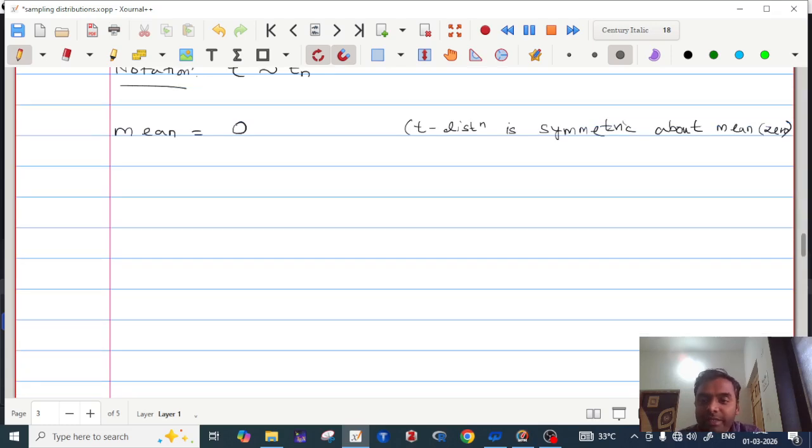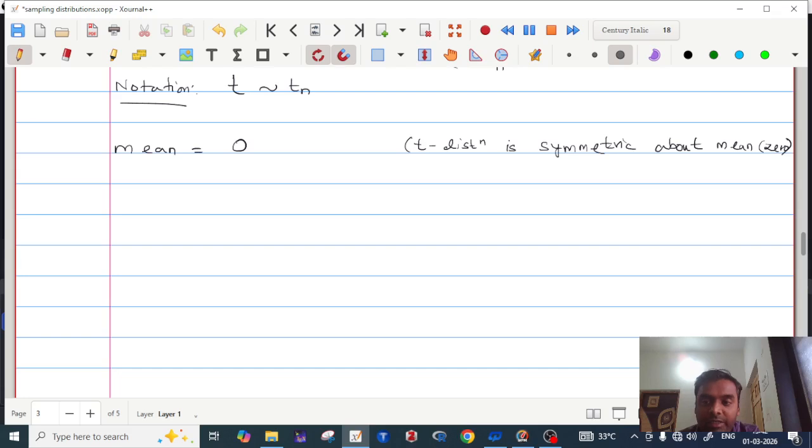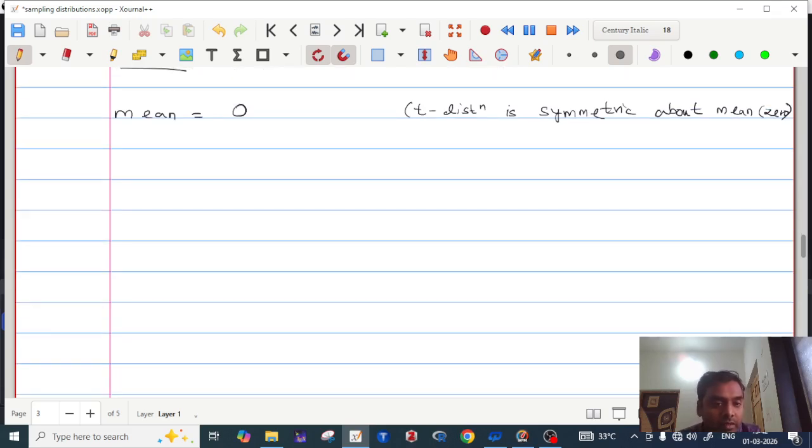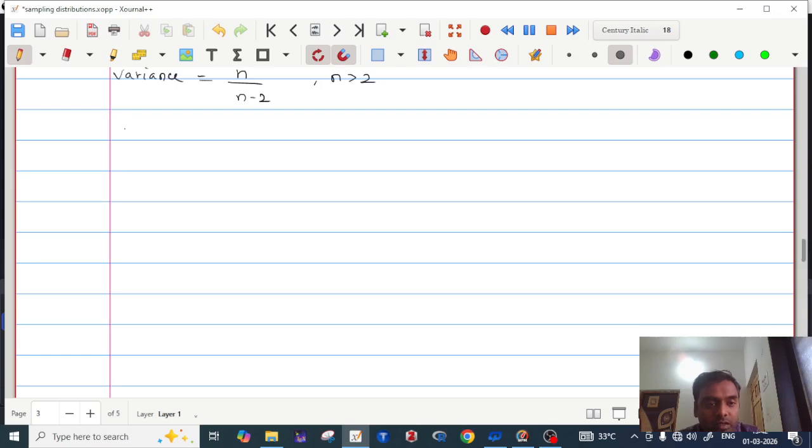The t distribution is symmetric about its mean, that is, about 0. Now the variance of the t distribution: if t follows t with n, then its variance is n upon n minus 2, where n is greater than 2. Central moments of odd order: we know that if any distribution is symmetric, then its central moments of odd order will be 0.